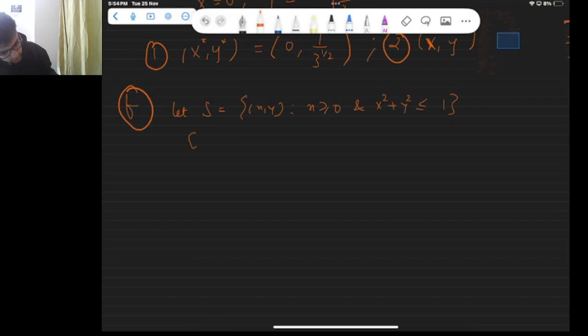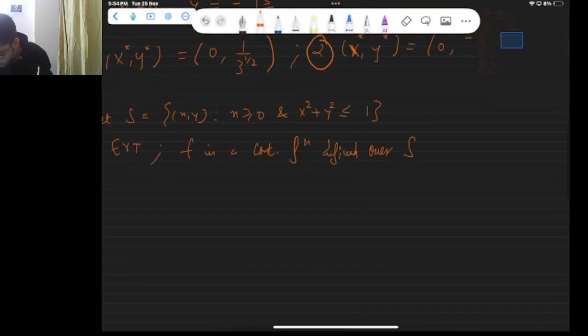So this is proven already through EVT. f is a continuous function defined over S, which is closed and bounded.